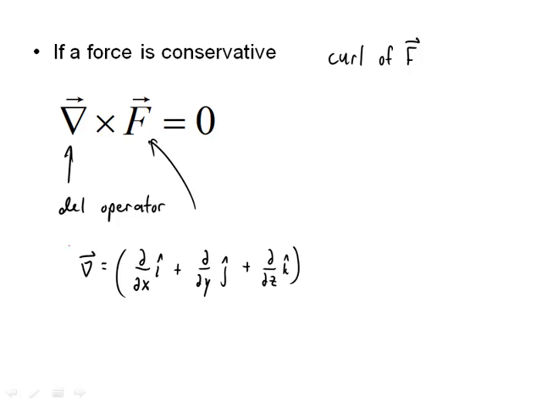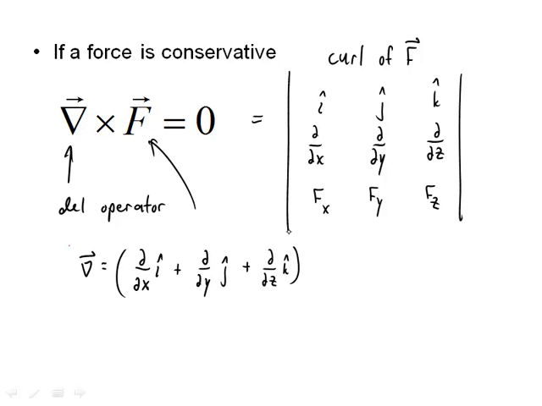F will be some force which may have a function value in the x, y, and z direction. And so this cross product, if I use determinant notation, is i, j, k, partial with respect to x, partial with respect to y, partial with respect to z. And then I put f sub x, which might be a function of x, y, or z, the y component of f, and the z component of f.